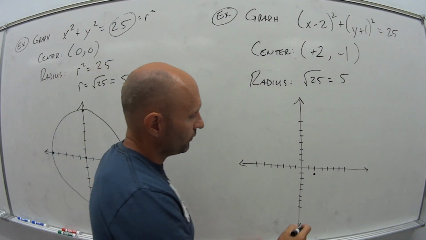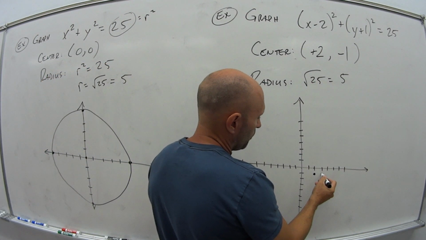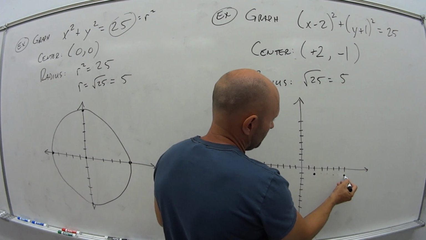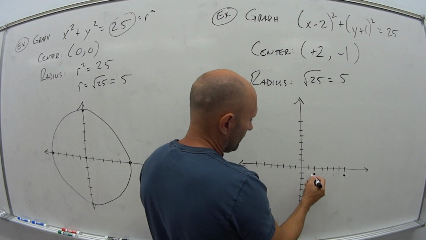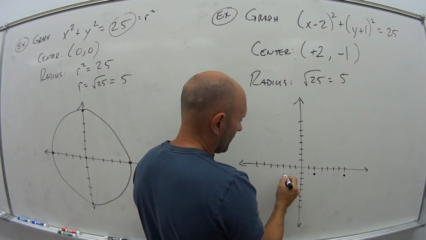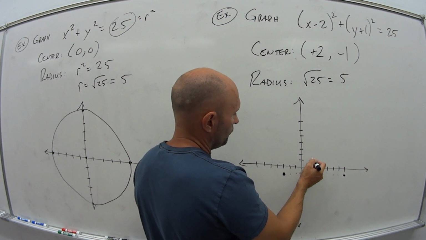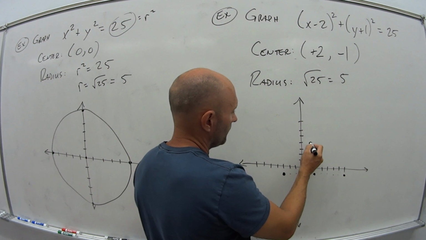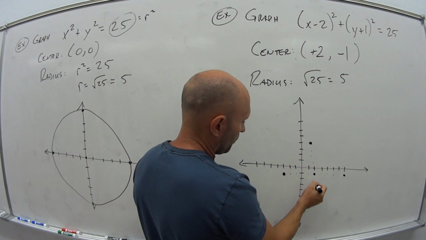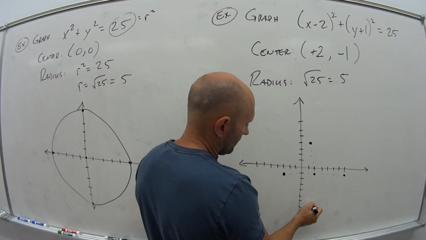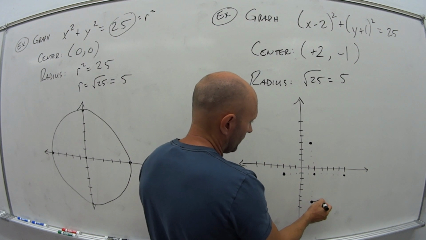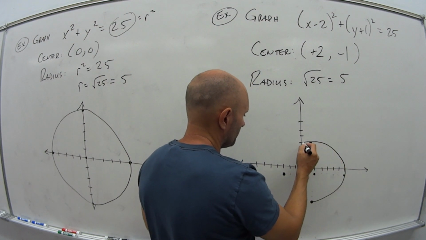So my radius is still 5, so 5 units this way, 1, 2, 3, 4, 5. And to the left, 1, 2, 3, 4, 5. And then 5 units up, 1, 2, 3, 4, 5. And 5 units down, 1, 2, 3, 4, 5. Now again, connect the dots.